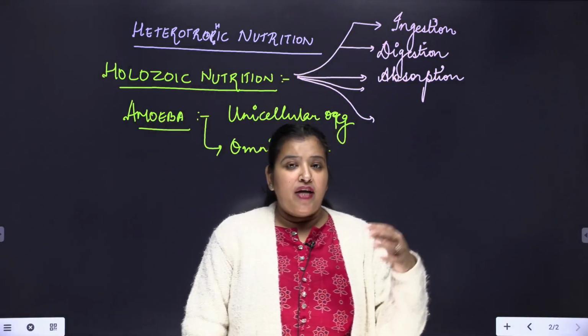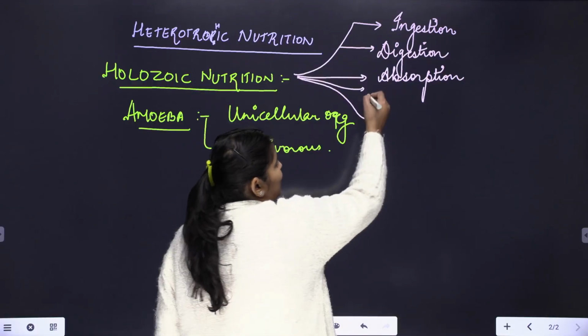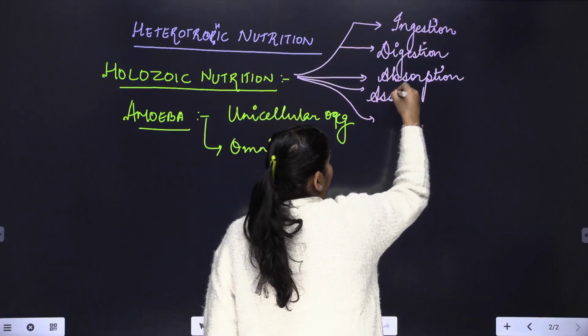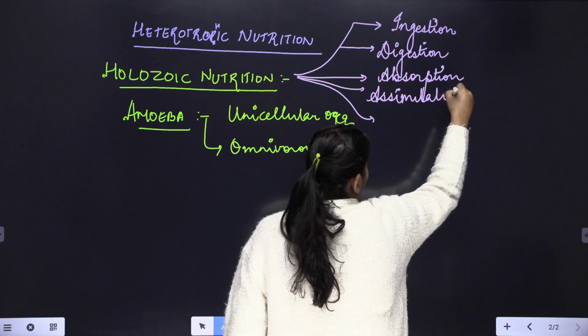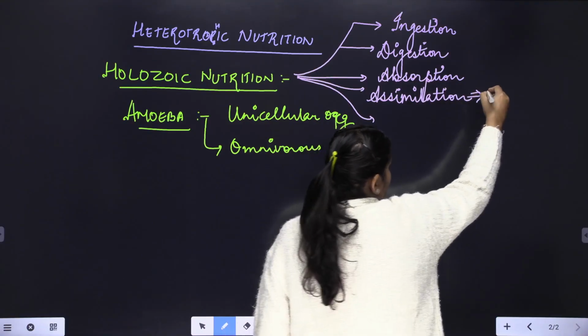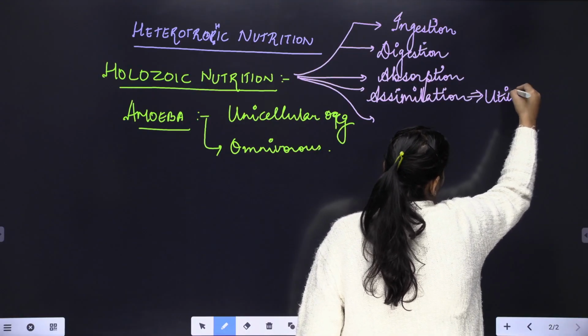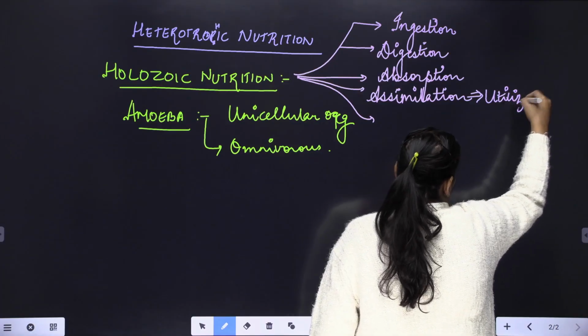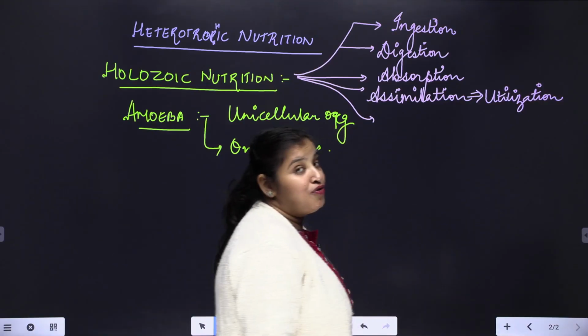All right. So that absorption is a part of nutrition. The fourth step is assimilation. And since the beginning, I have been focusing on utilization. And this is what is assimilation. So when the nutrients are utilized, it is assimilation of the nutrients.